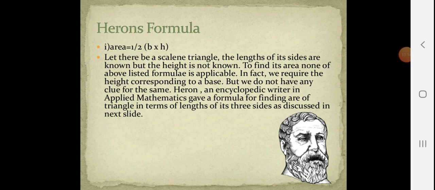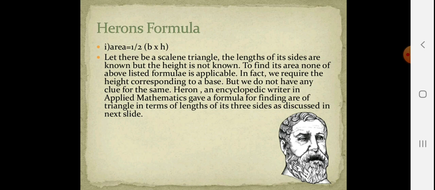Heron's formula was mainly derived to find the area of a scalene triangle, that means all three sides measure different. Let there be a scalene triangle whose side lengths are known but the height is not known. To find its area, none of the above listed formulas is applicable. So, we do not have any clue for the same.